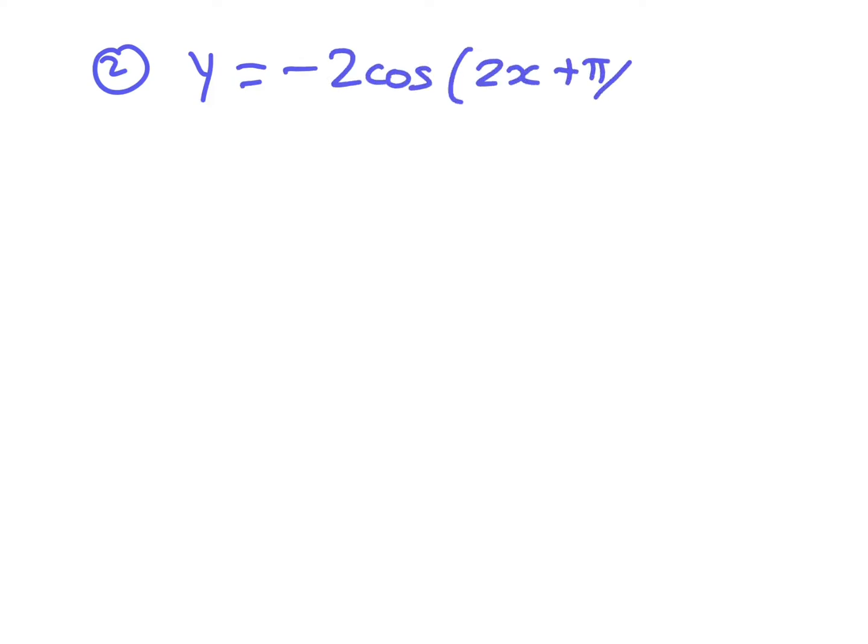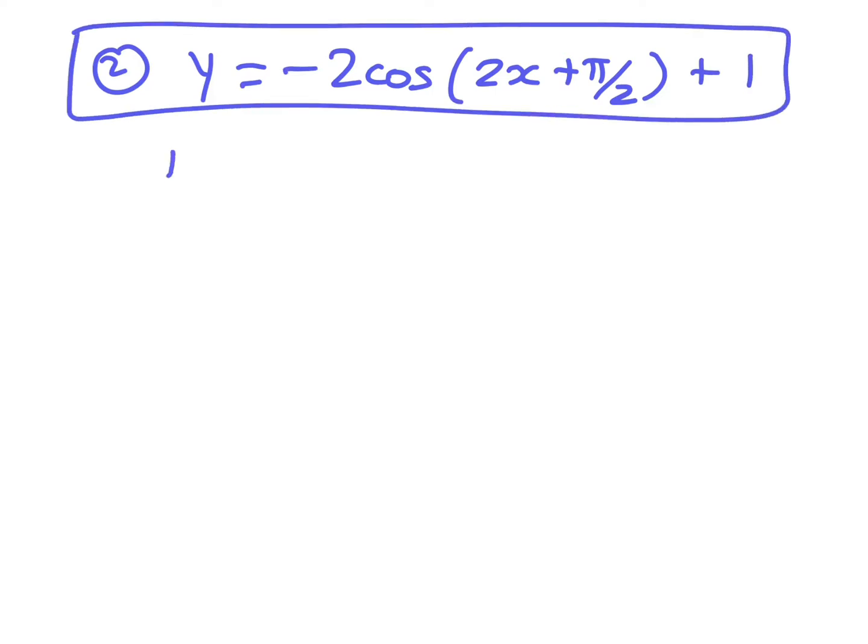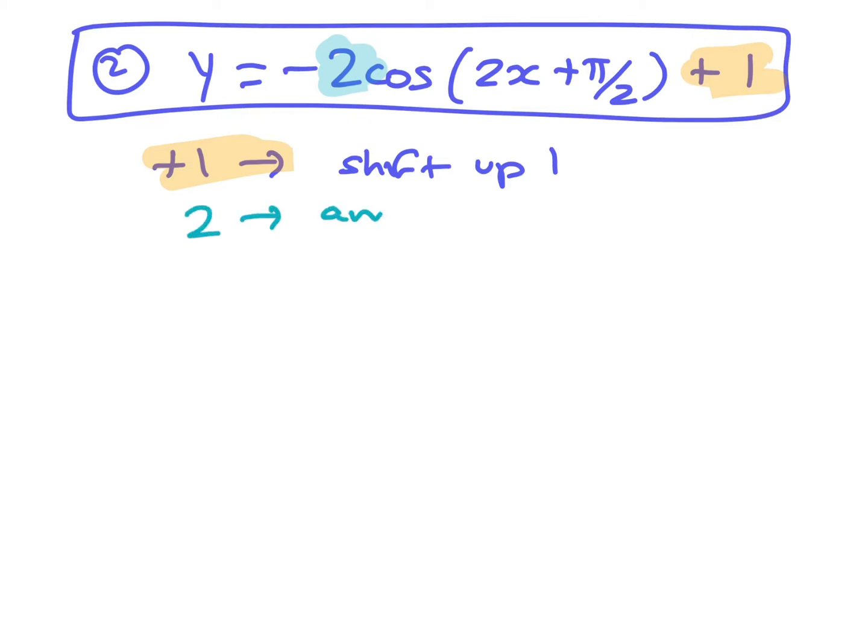Okay, so now what I'm going to do is just give you one where you actually shift it. So let's go -2 cos(2x + pi on 2) + 1. The plus 1 just means that you shift up 1. The 2 in front means that is the amplitude.